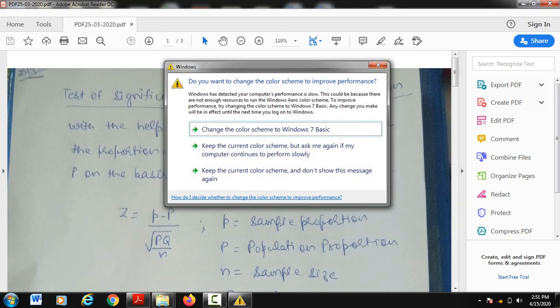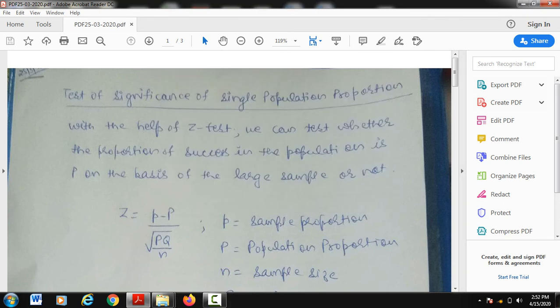Okay. So for the large sample we have only one test right now, that is known as the Z test, and it has three basic applications. First application is dealing with the mean, second application is dealing with the standard deviation, and third application is dealing with the population proportion.